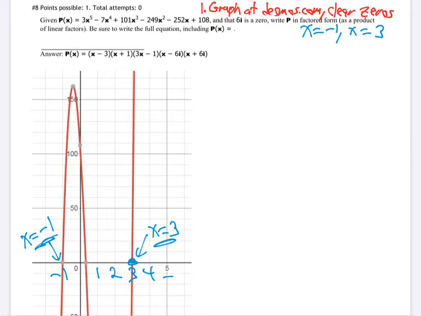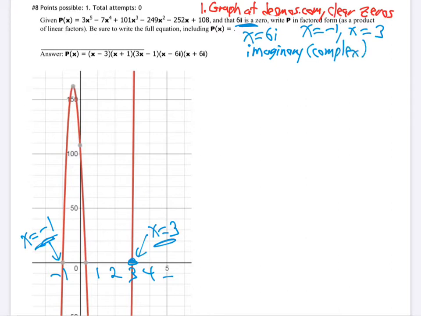And then notice what they say. They say 6i is a 0. So that means x equals 6i is a 0. And here's a special rule that you need to know about. Imaginary numbers, which are also called complex.